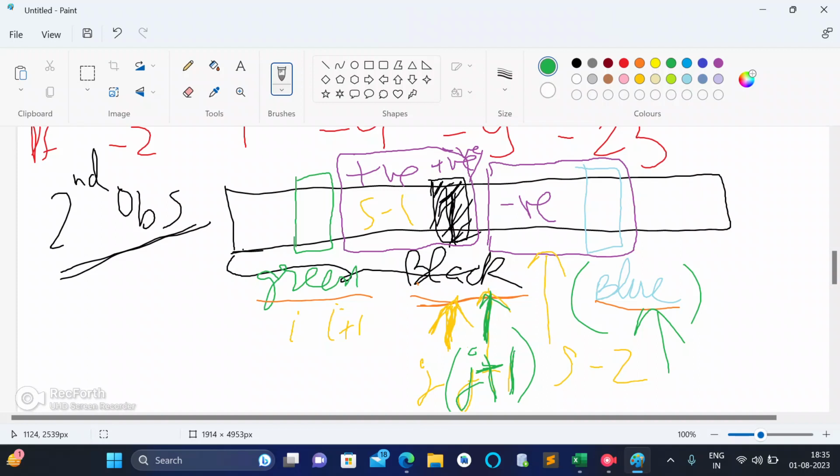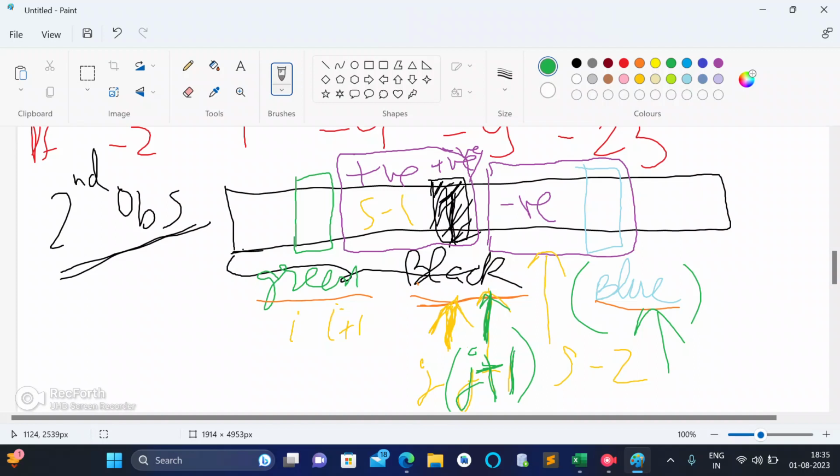What I am saying is, if there are positive numbers from the j plus 1th position to the blue position, let's say only positive numbers, then don't you think black will be smaller than blue? Of course black would then be smaller than blue, but here we can see blue is smaller than black.